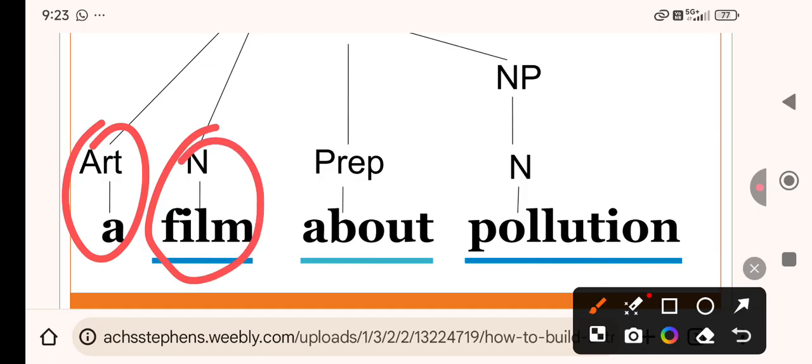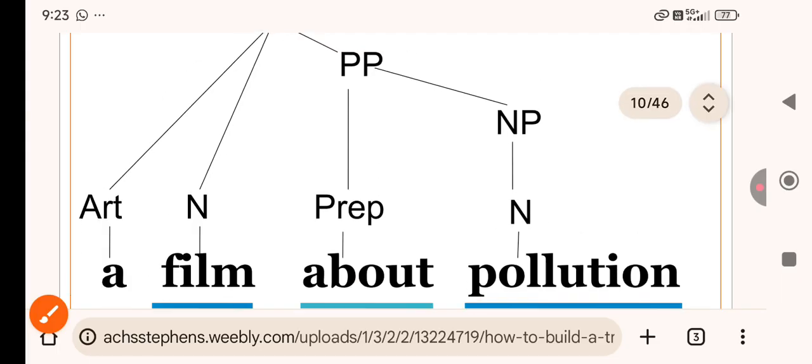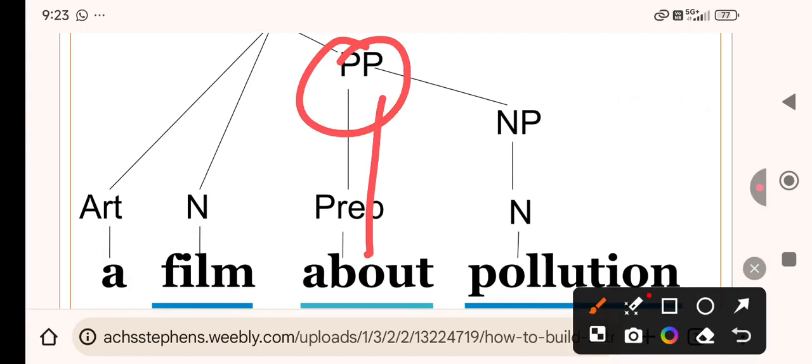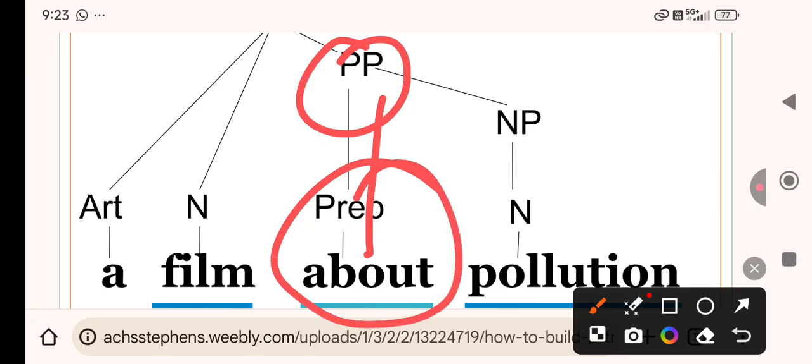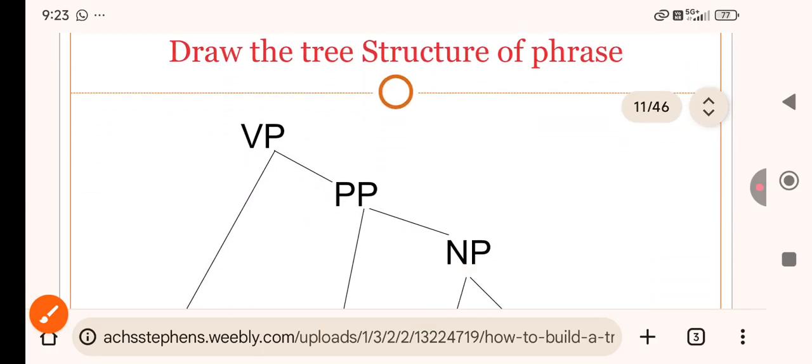Then about pollution: about is just one word, a preposition, and that's a prepositional phrase. And then the noun phrase, earlier we discussed that it can be either one word or many words, but it will be known as a phrase. So pollution is a noun phrase. I think it's very easy and a very good slideshow.